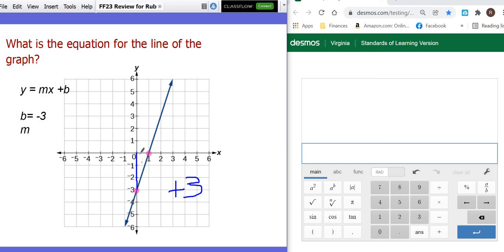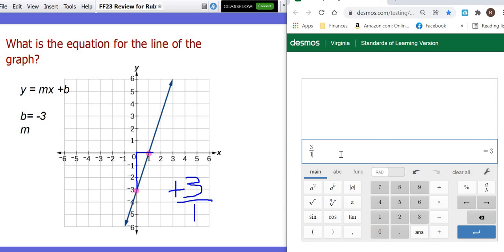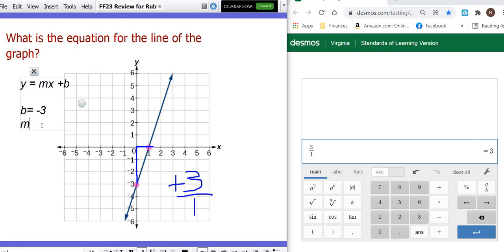And the line goes up, and then I'm counting over 1. So over 1. And I want to show you something. If you put 3 divided by 1 in your calculator, you just get positive 3. So that means that my slope is a positive 3.